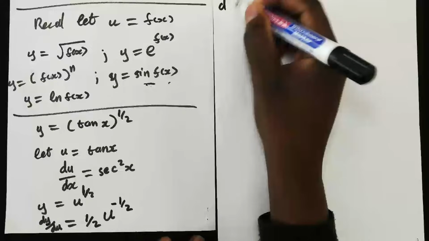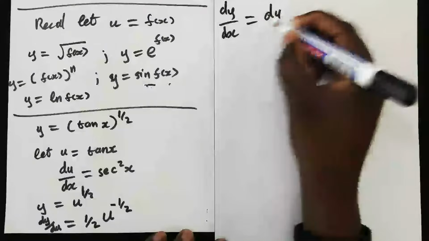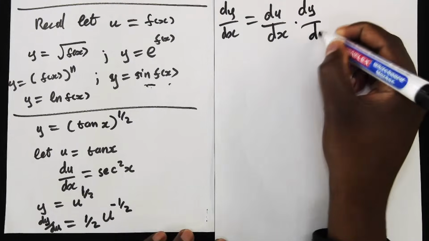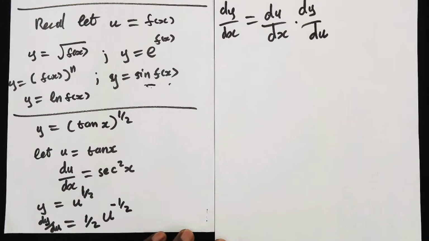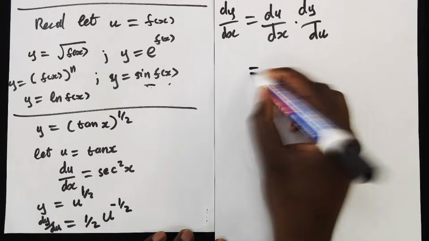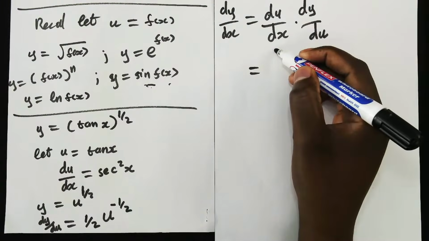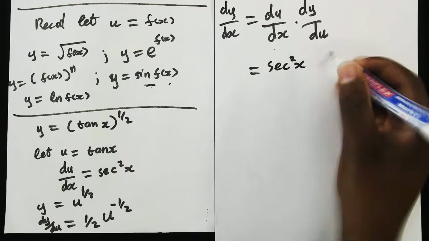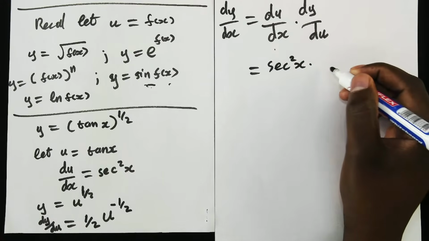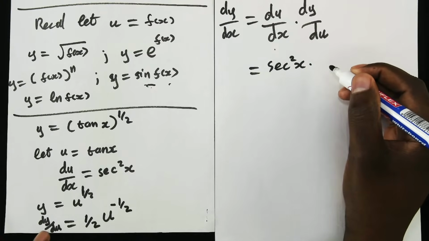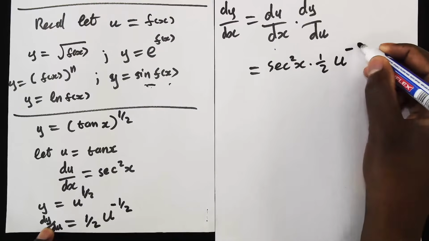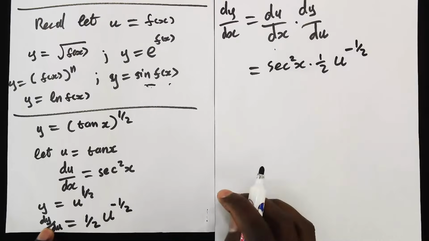So we know the chain rule: dy over dx is equal to du over dx times dy over du. So we substitute now the functions. So dy over dx is sec squared x multiplied by dy over du, which is half u to the power of negative 1 over 2.